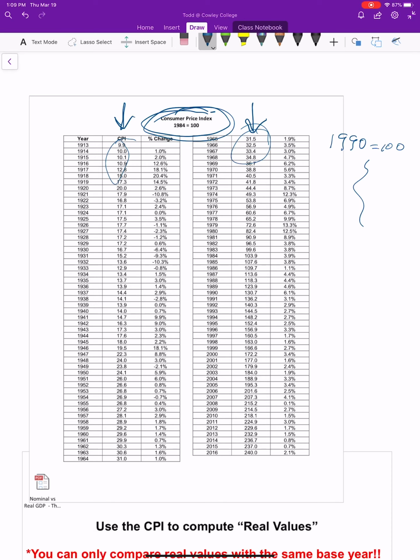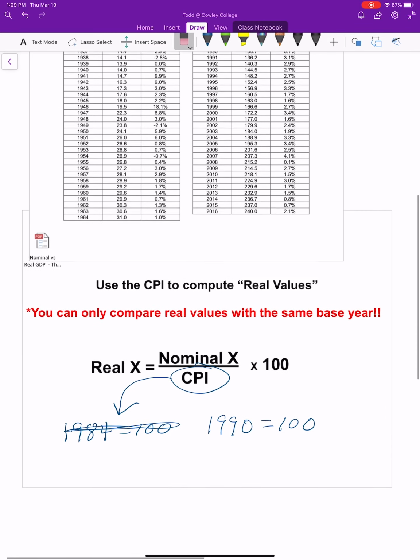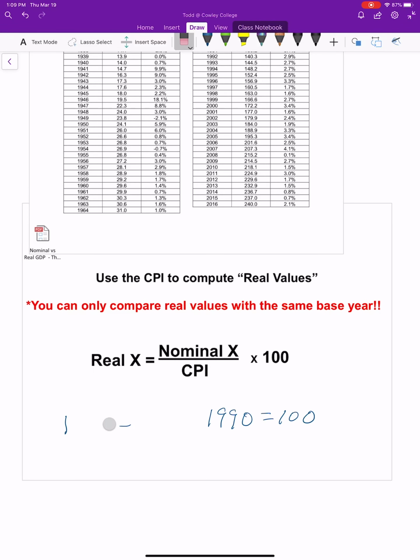So that's an important piece of information. Some people see it as trivial. It's not, because that tells us what CPI numbers we need to use. Okay, so again, 1984 is going to be equal to 100.